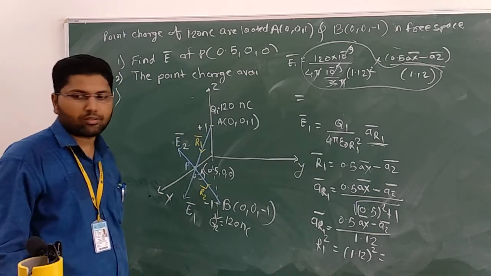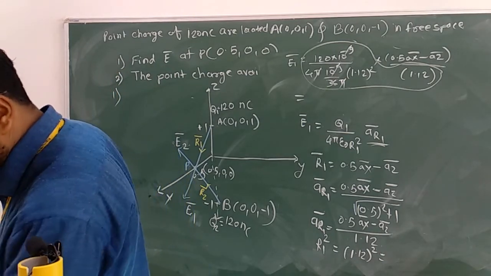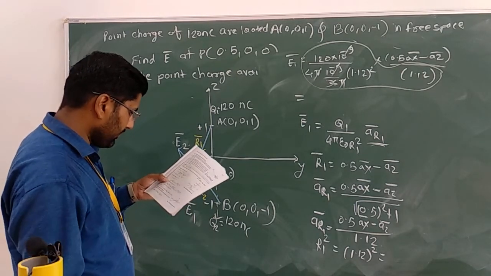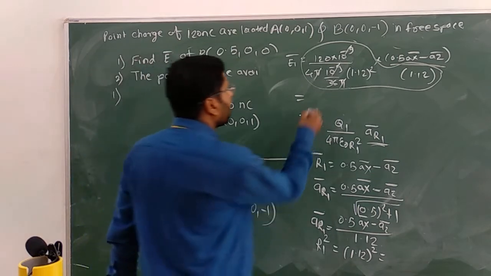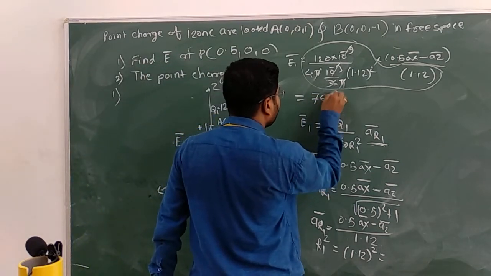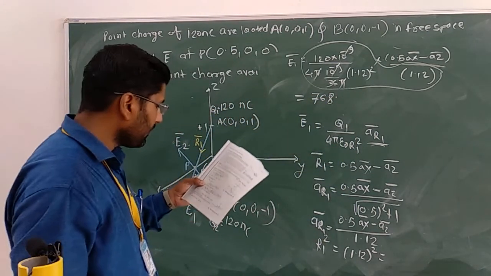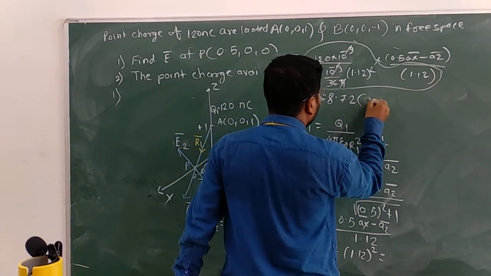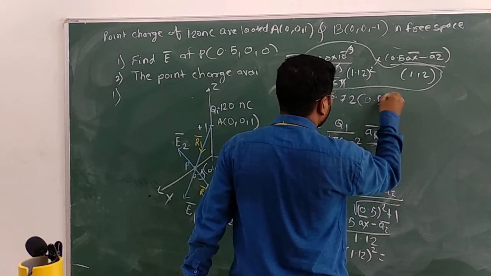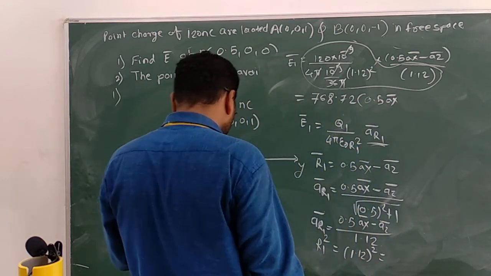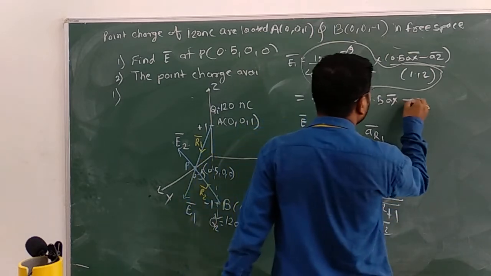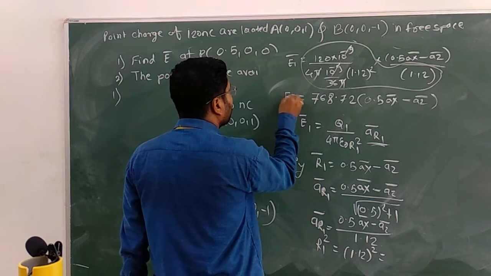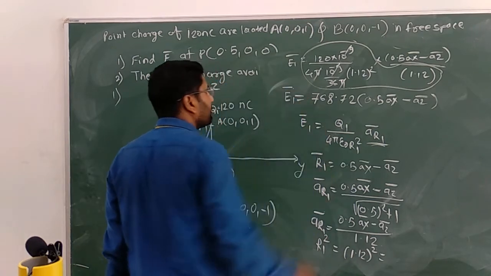Do this calculation, and it comes to 768.72 times 0.5 AX bar minus AZ bar. That is E1 bar. Okay.